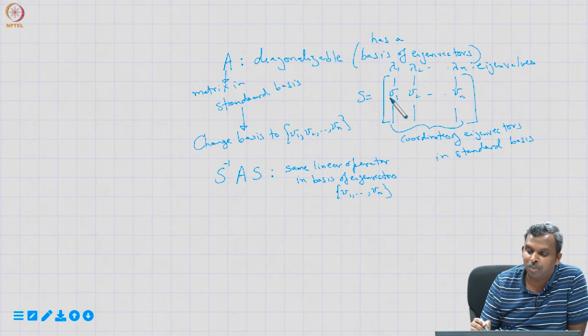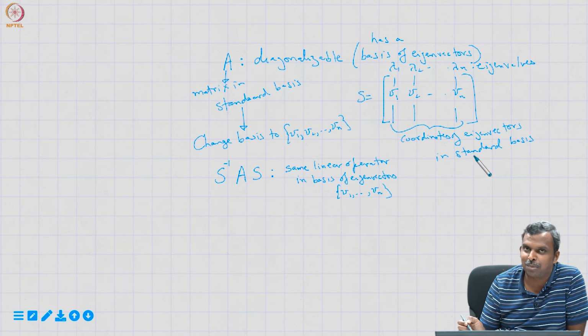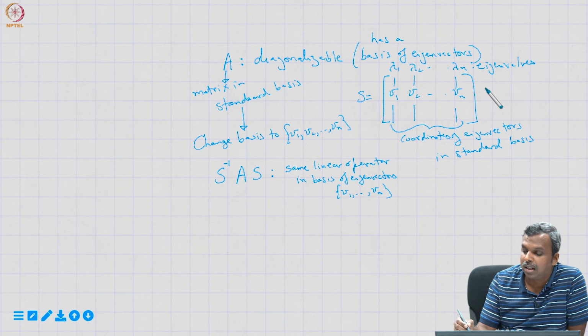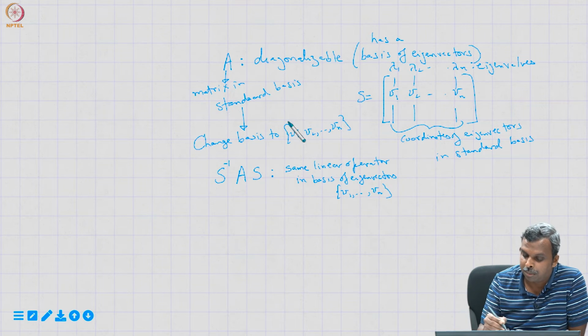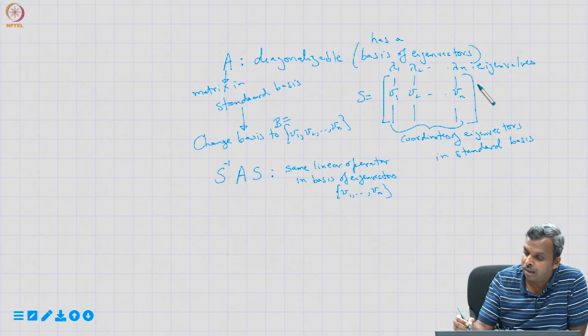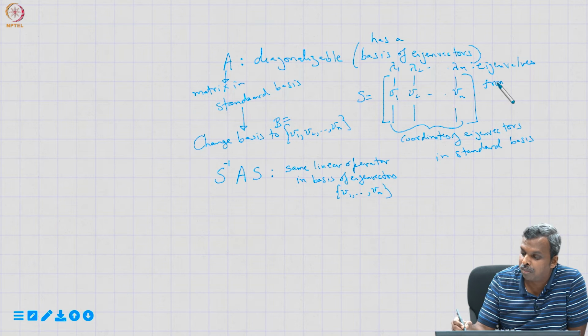So, I am sorry, S will convert from coordinates in the basis V1 to Vn to the standard basis, right, because these are coordinates in the standard basis. So, let me call this basis B, this will convert from B to the standard basis.